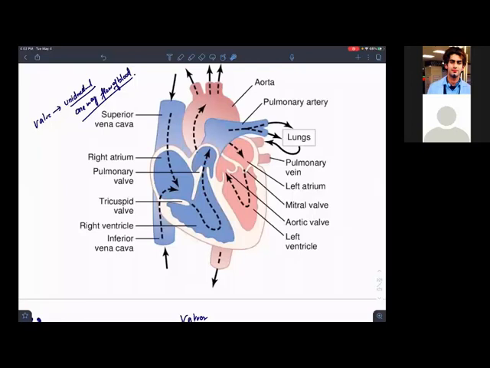Talking about the aortic valve: it is acting as a demarcation, a separation between the right ventricle and the aorta. Wrong answer. It is between the left ventricle and the aorta. So can I say the aortic valve prevents the backflow of blood from the aorta into the right ventricle during the course of ventricular diastole?